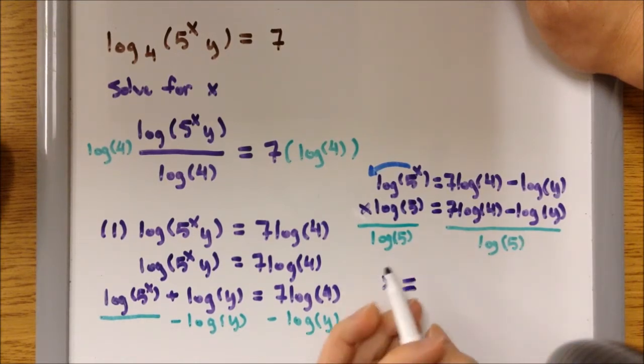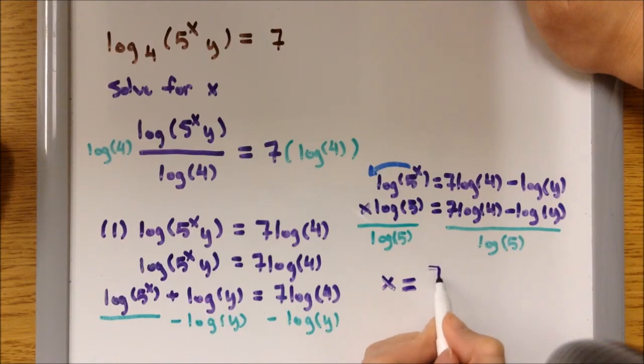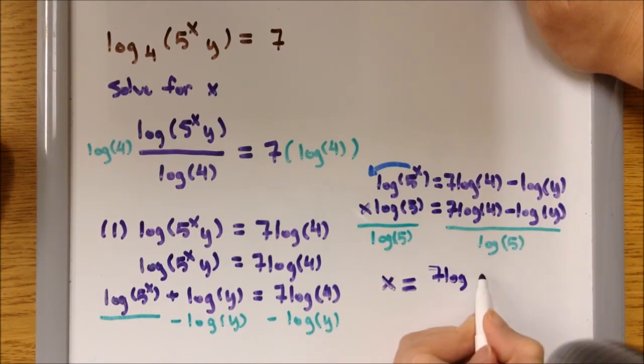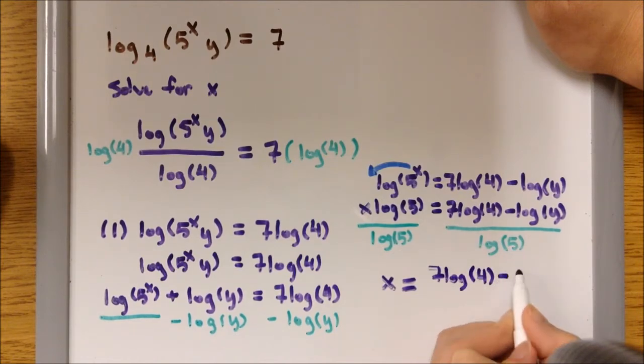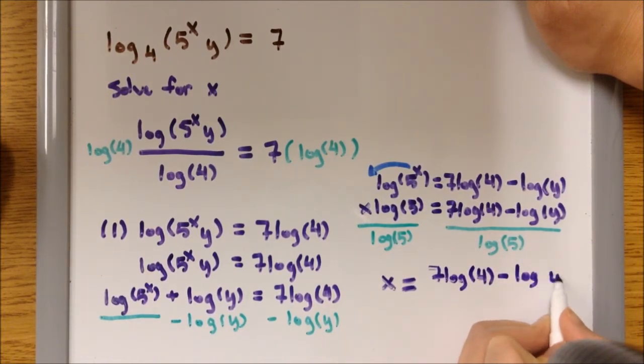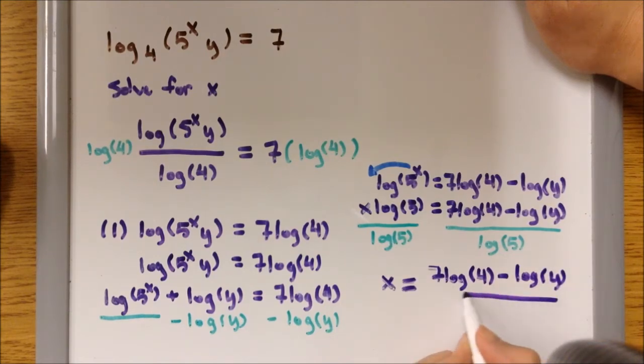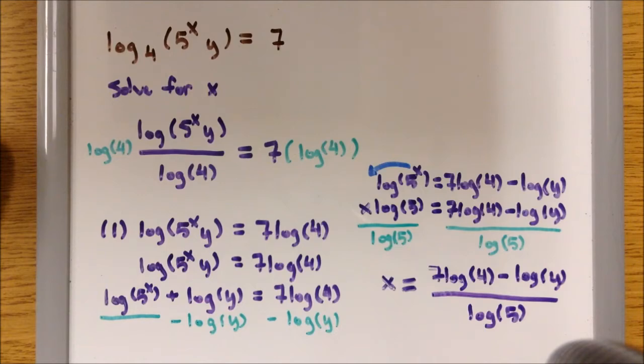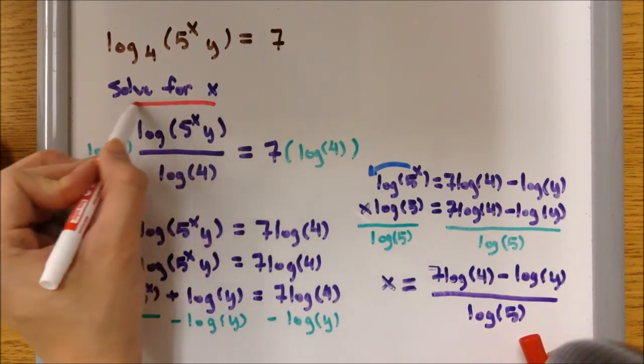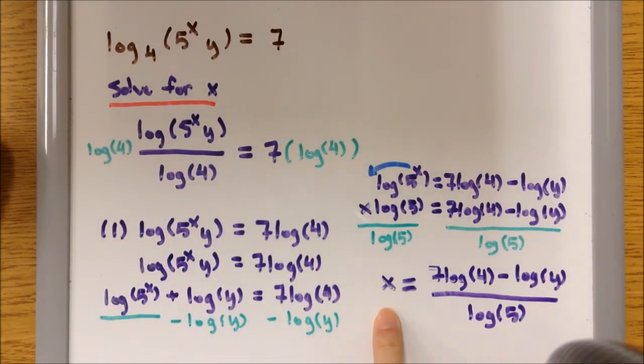And then on the right side, it will be simply 7 log of 4 minus log of y divided by log of 5. So that's our answer. We got x by itself. So when it says solve for x, that means you have to get x by itself, which we did. And x equals 7 log 4 minus log of y divided by log of 5.